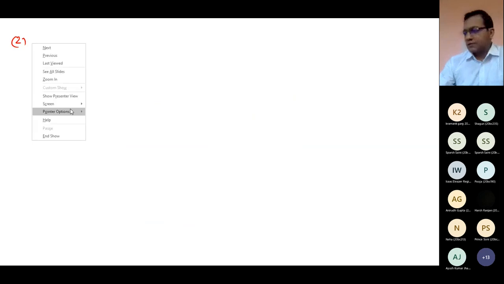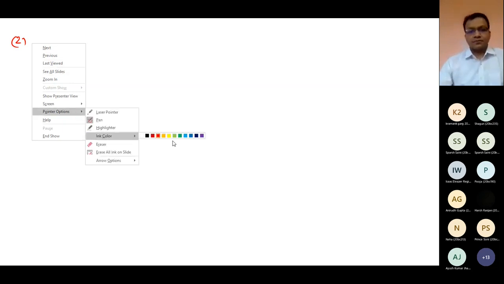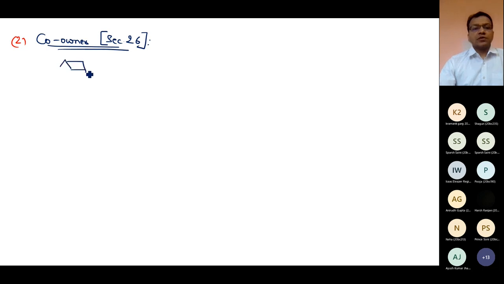Section 26, co-owners. Now today, if a property has only one owner, suppose this property has only one owner, Mr. X, and this is self-occupied.